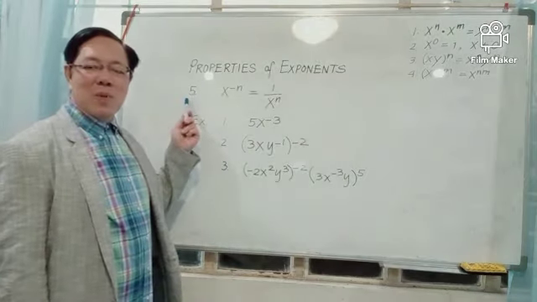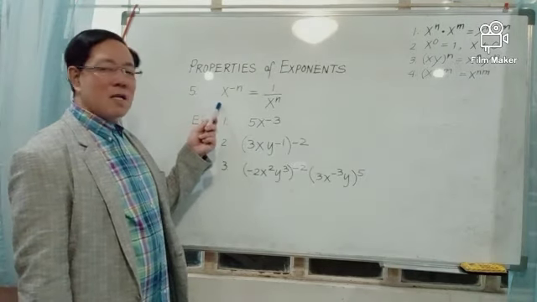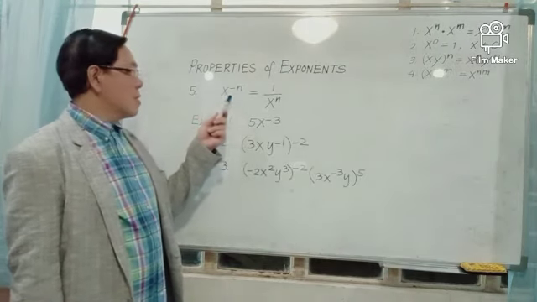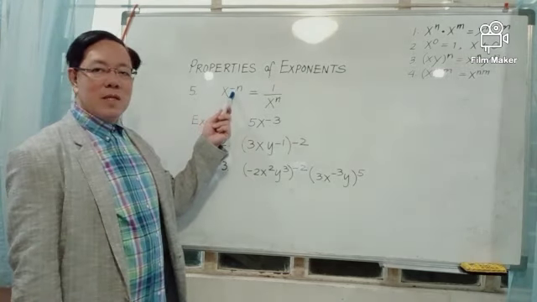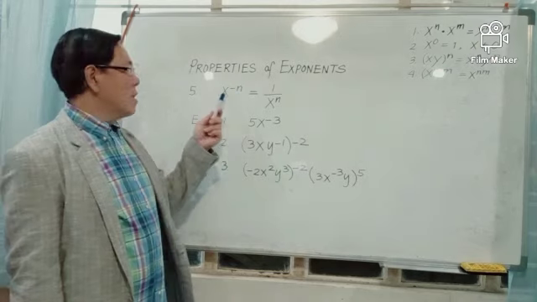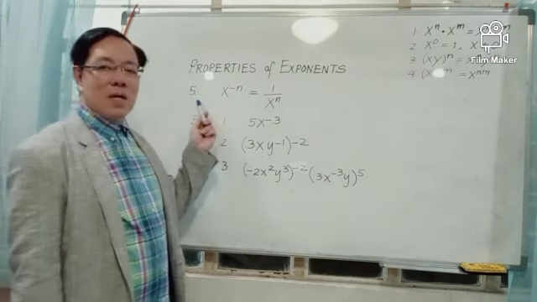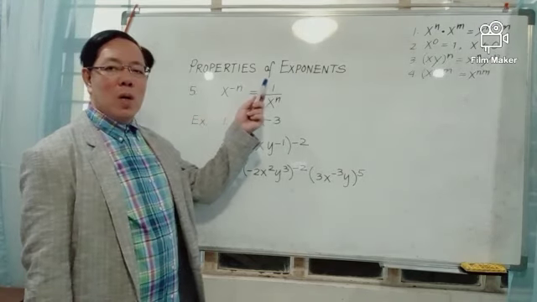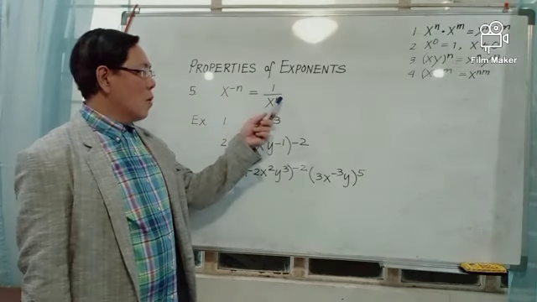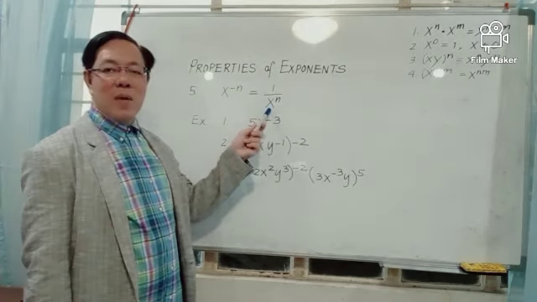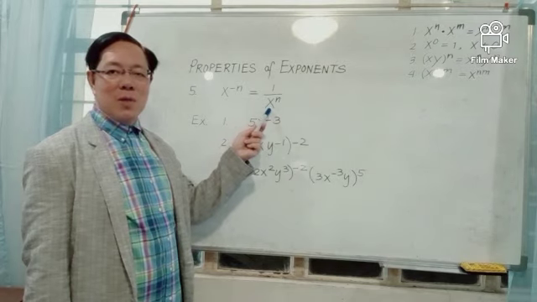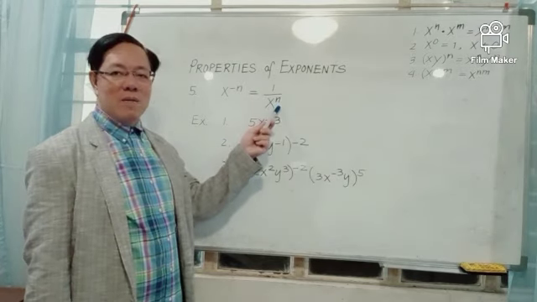The P property of exponent says that x raised to negative n, the exponent of x here is negative, indicated by negative n, is equal to 1 over x to the power n. The exponent of x here, now in the denominator, is positive n.